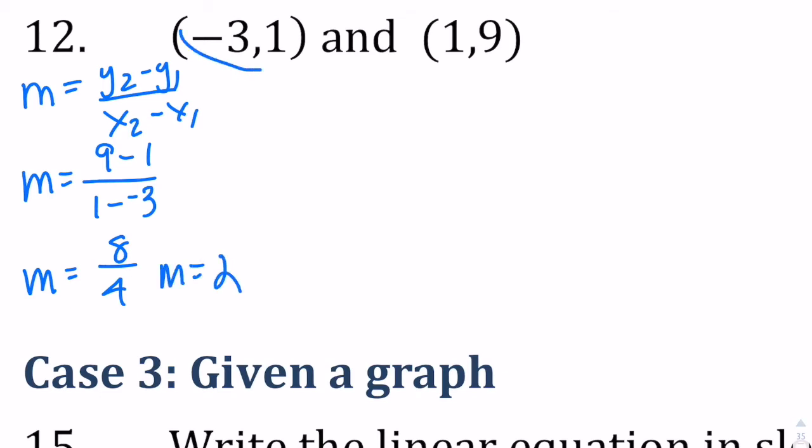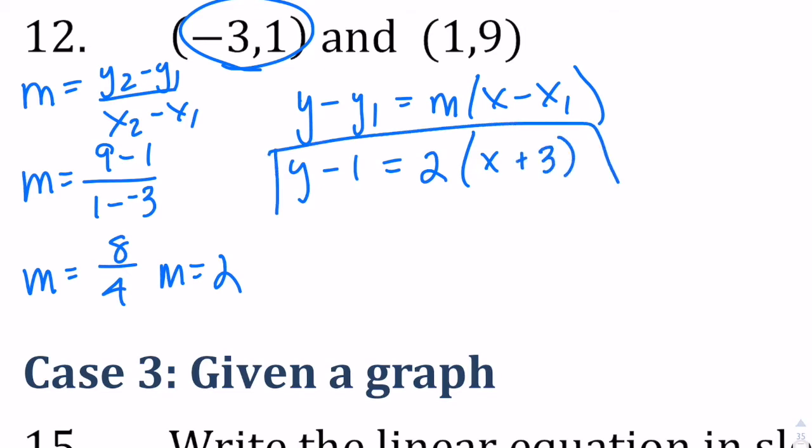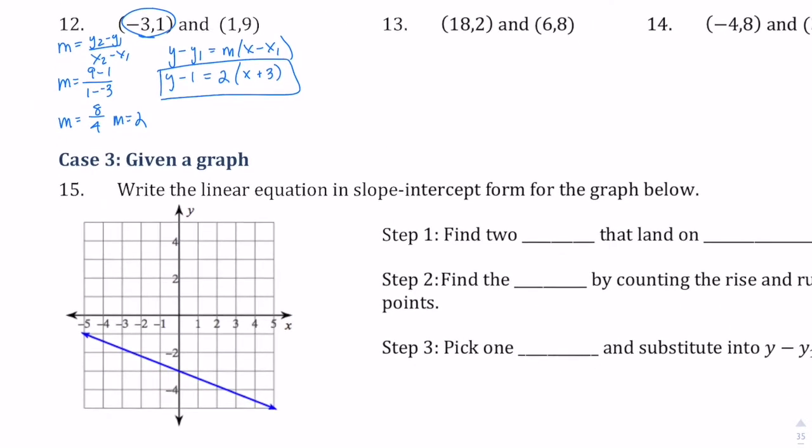Now I'm going to go ahead and stick with this first point. Y minus y1 equals m times the quantity x minus x1. I'm going to plug in 1 for y, 2 for m, and a negative 3 for x, which makes that a plus 3. And that is the equation through those 2 points in point slope form.